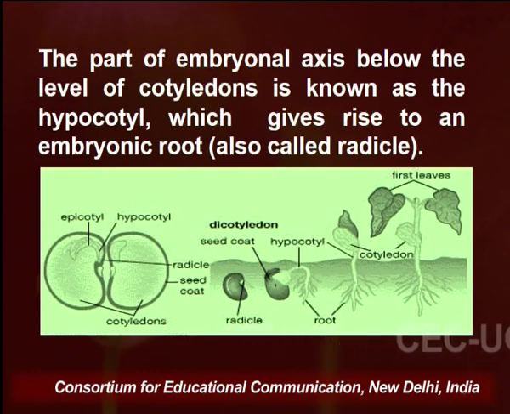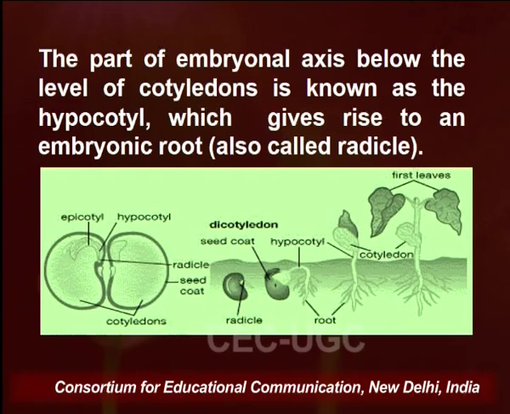In this particular drawing, you can see that a seed has been split open to show the embryo, and you can see how the epicotyl and hypocotyl are organized. When a seed germinates, it's always the root which comes out first. You would have even seen this when you put Bengal gram or moong dal for sprouting.